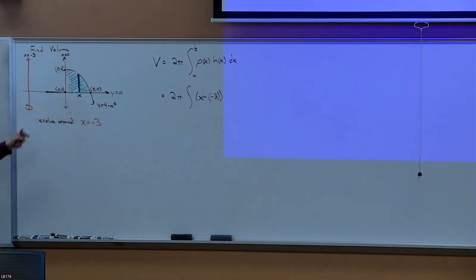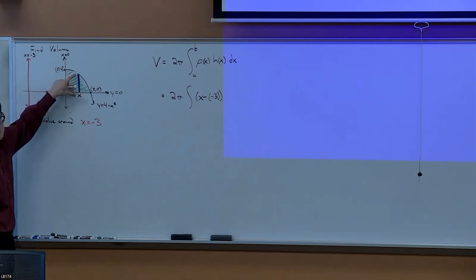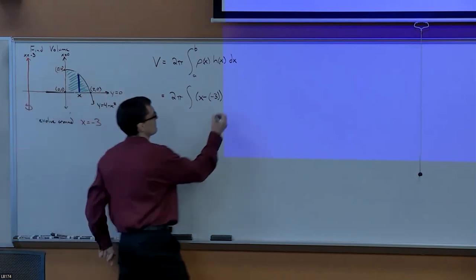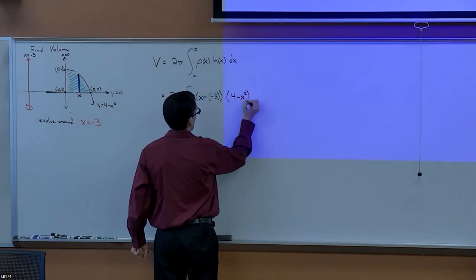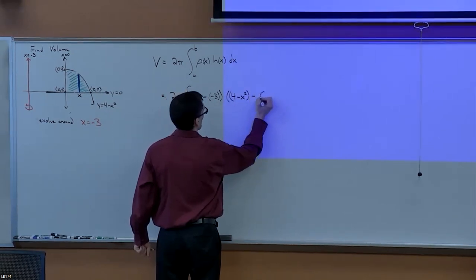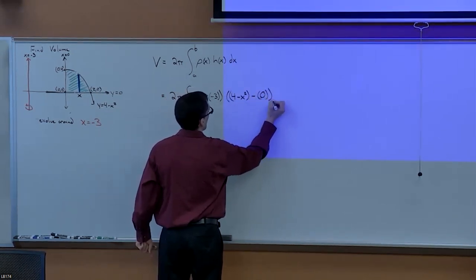The height of this Riemann sum rectangle, well, it's still going to be top of the rectangle to bottom of the rectangle. Top of the rectangle is 4 minus x squared. Bottom of the rectangle is 0.